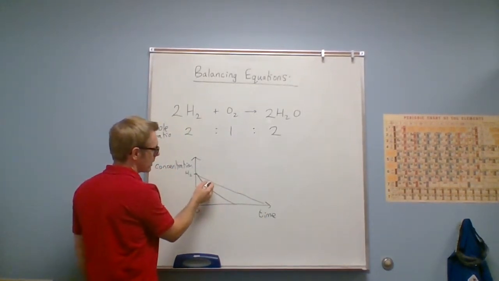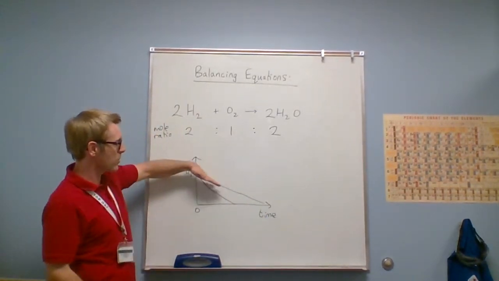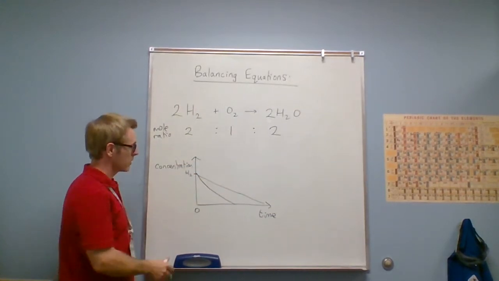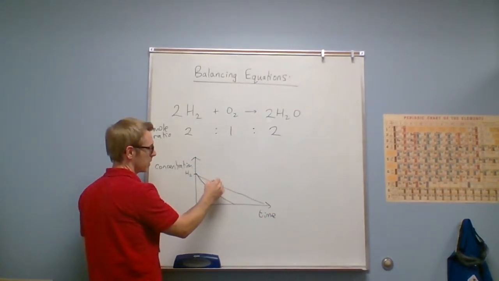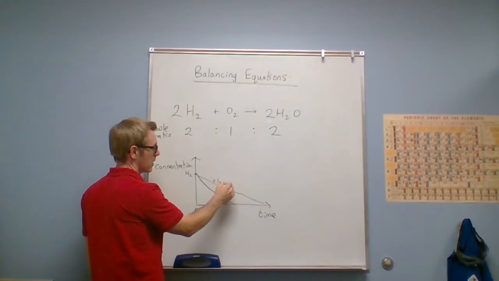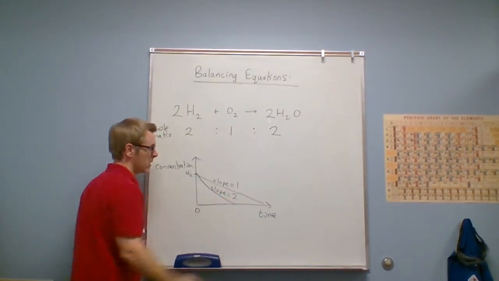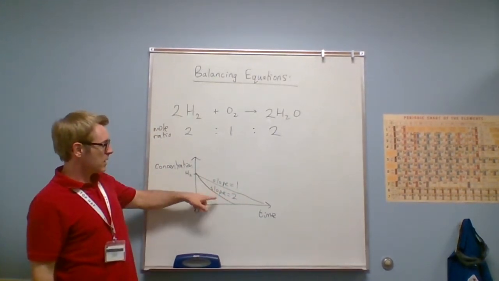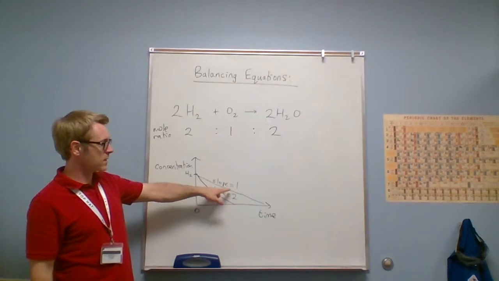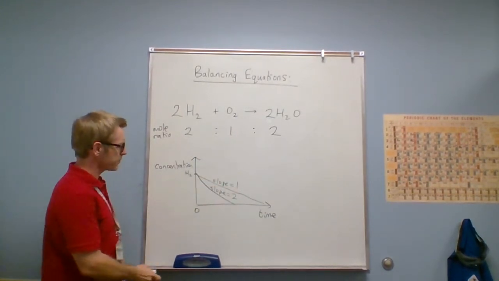So basically, I'm looking at the fact that this slope is more shallow than this slope. So if you like, this slope is twice the size of that slope.